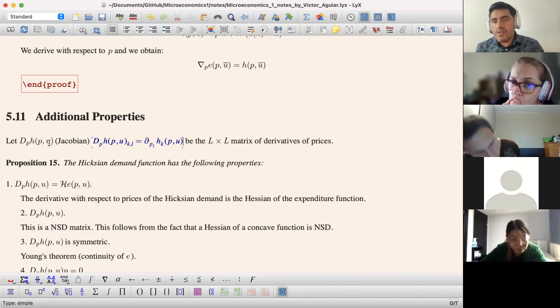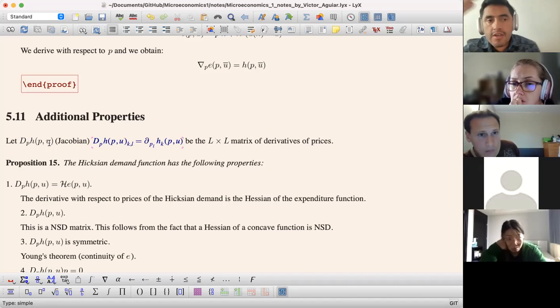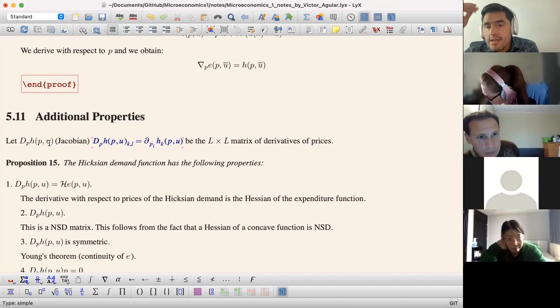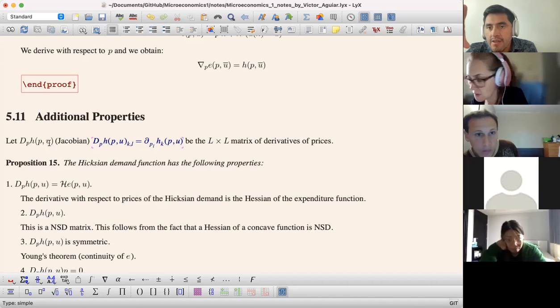So it's a matrix of derivatives of a vector function, where entry KL is the partial derivative of entry K with respect to variable L. Now, what size is this object? You have L goods and L prices, so it's of size L times L. So it's a square matrix.